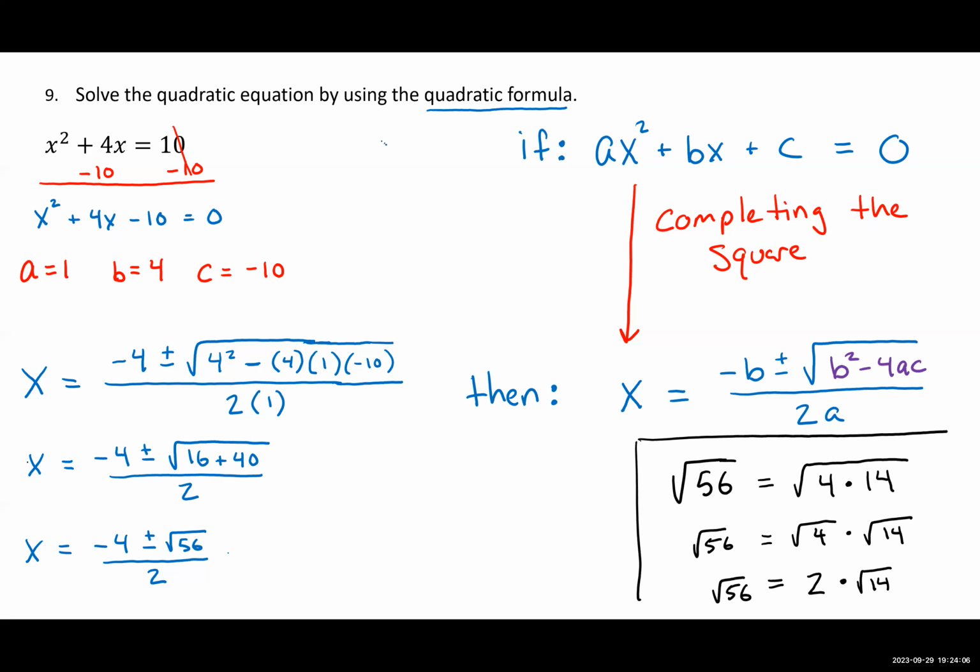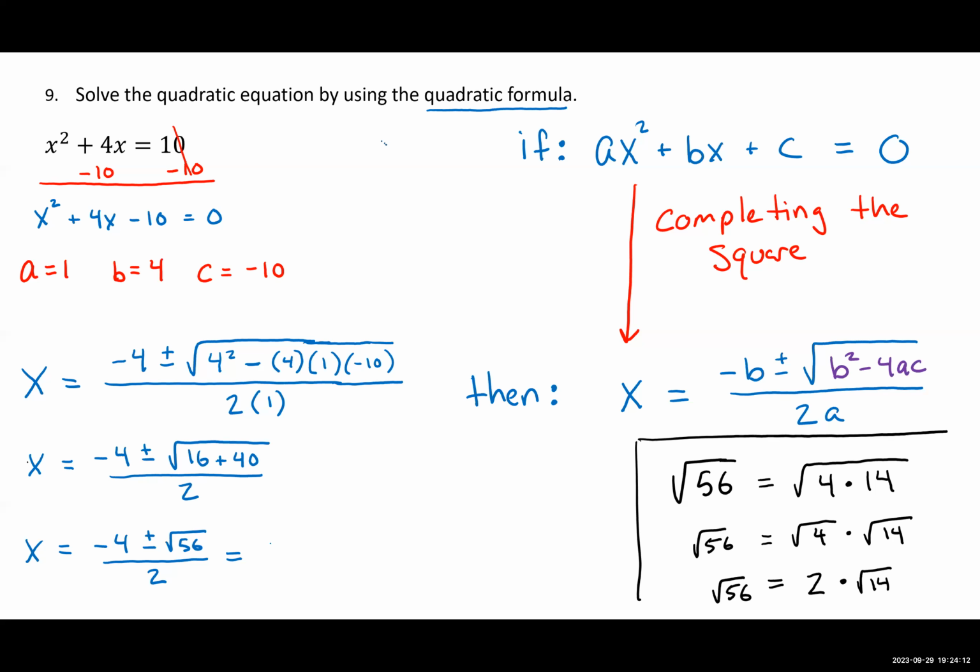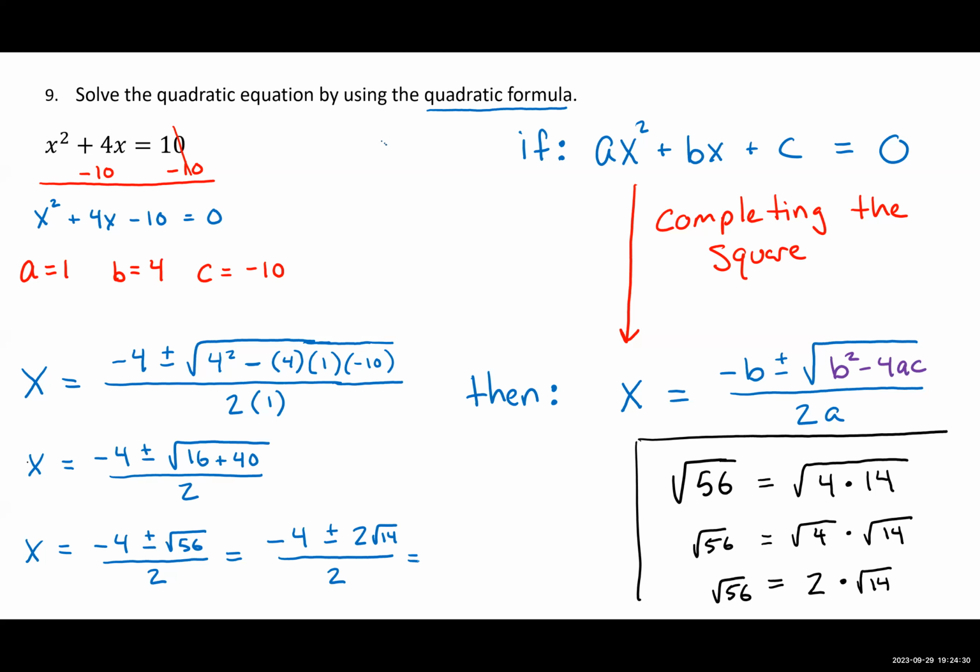So let's continue on our problem here. Oop, one slide too far. So that's minus 4 plus or minus, instead of the square root of 56, we've got 2 times the square root of 14, all divided by 2. Sorry about that. We're almost there.